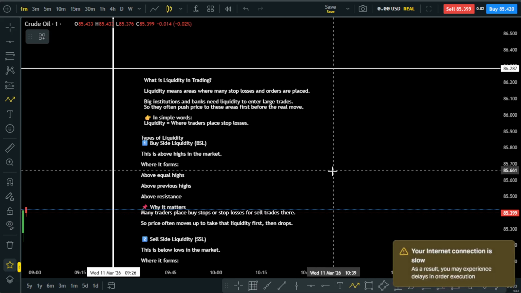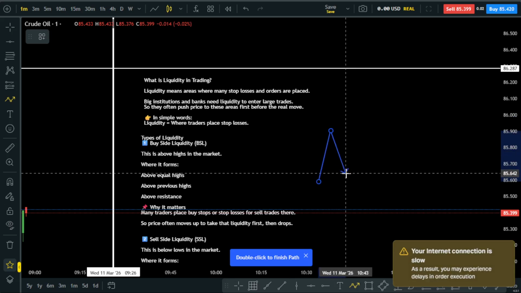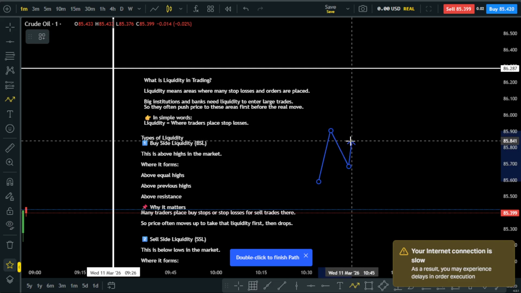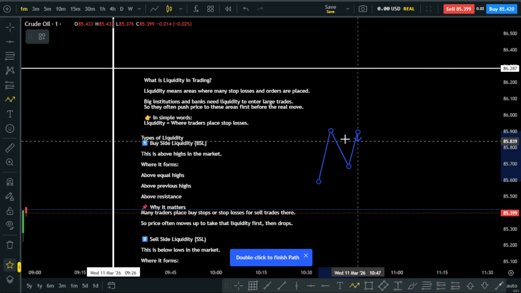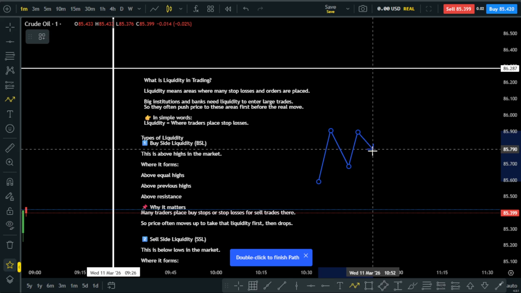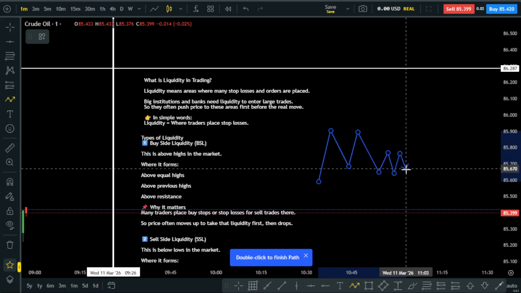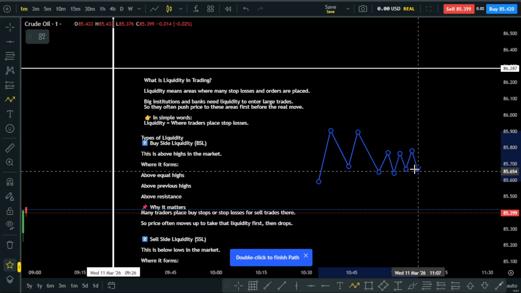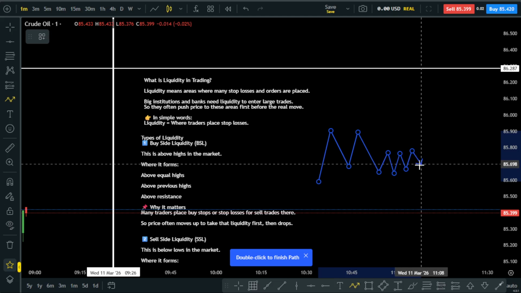So what it means is this: assuming that price is moving up, it comes down, for instance, to create a low, and then instead of taking out this high, price creates another high on the same level, and then it drops. Let's assume we are in a bearish market. So what would price do?